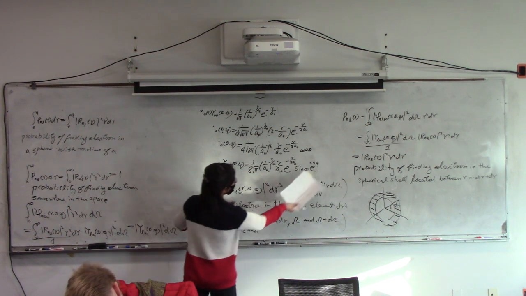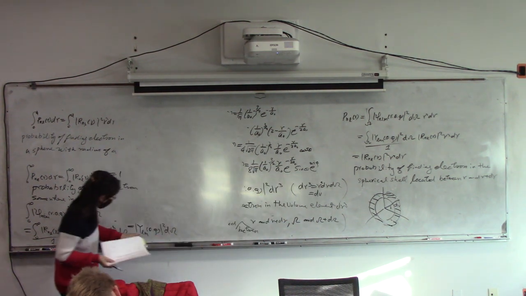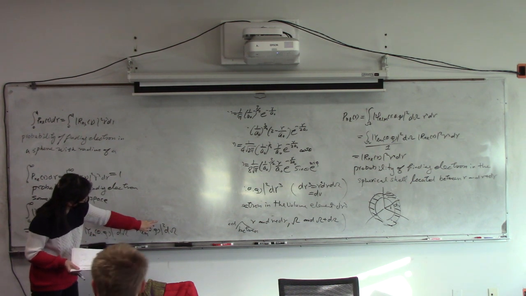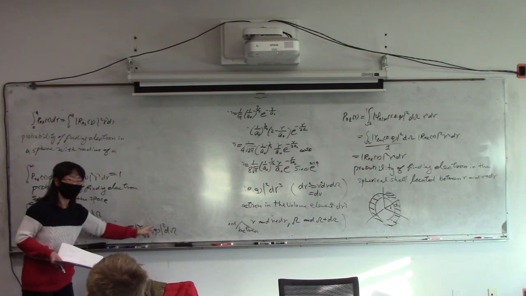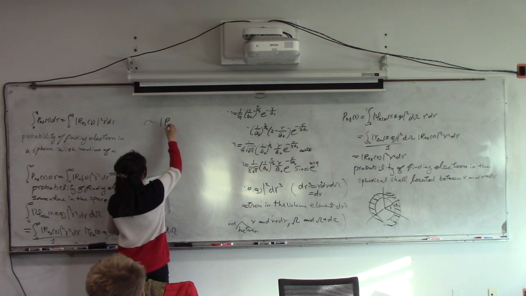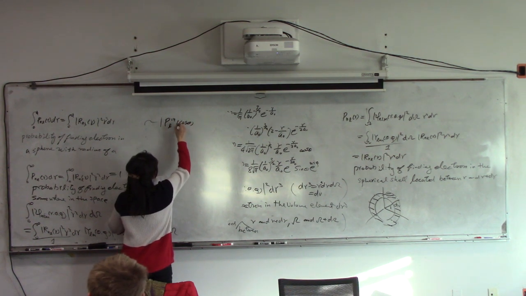If you remember, the spherical harmonic has this associated Legendre polynomial and this exponential e to the i m phi, but that absolute value is 1, so it is controlled only by this associated polynomial.